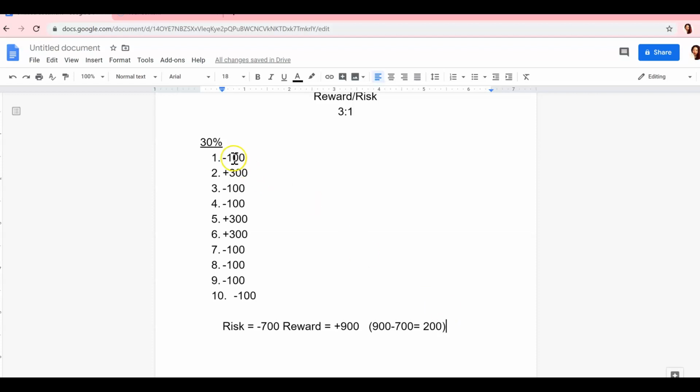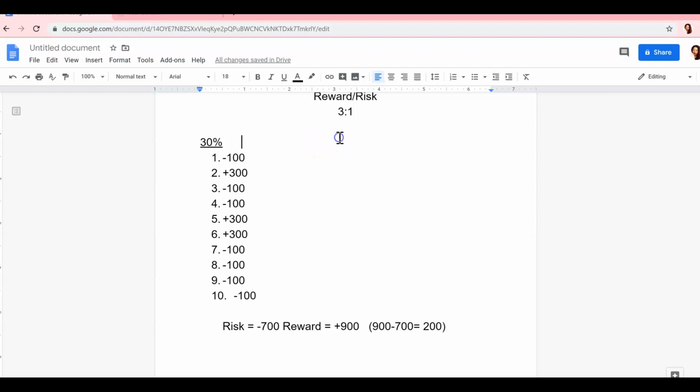If this would have become 200, we would have knocked our winning trades out of the way because we let it get out of hand. So our reward to risk is 3-to-1. For every $100 we lose, we want to make 3 times that amount.